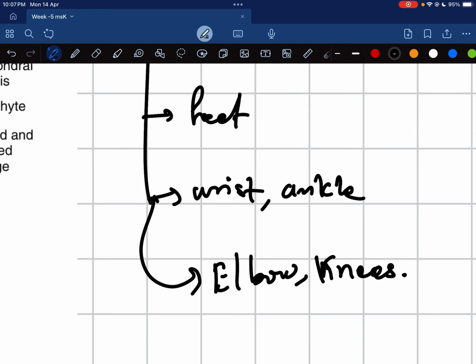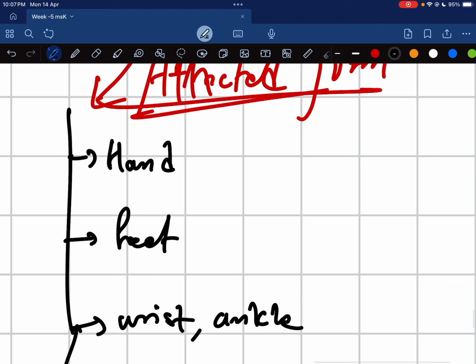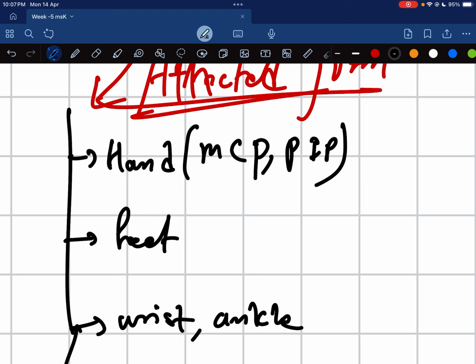In the hand, the metacarpophalangeal and proximal interphalangeal joints are involved.